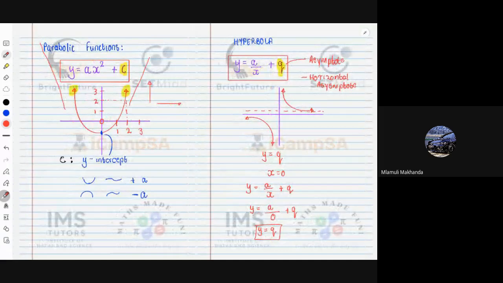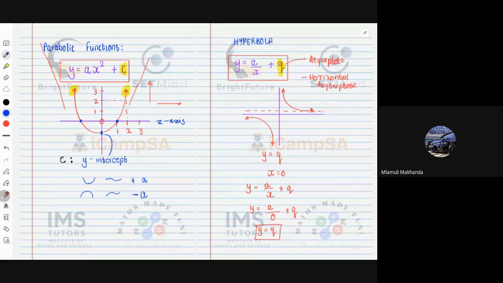Okay, I also want to touch on something here that I'm only remembering now. For the parabolic function here, you can see that it does cut the y-axis, which is the y-intercept, but we also have values where the graph cuts the x-axis, where y is equal to 0.